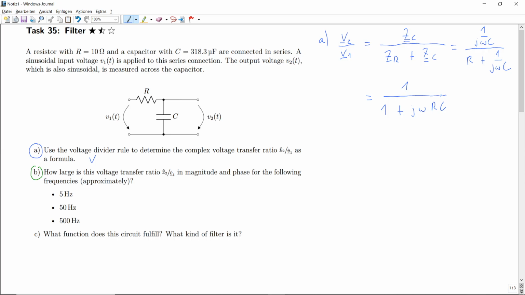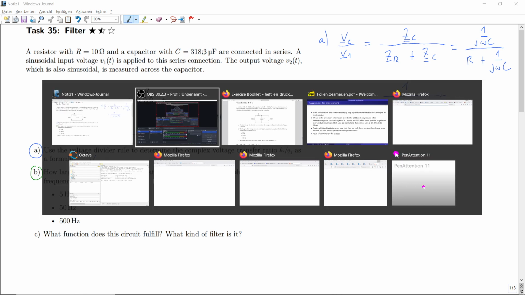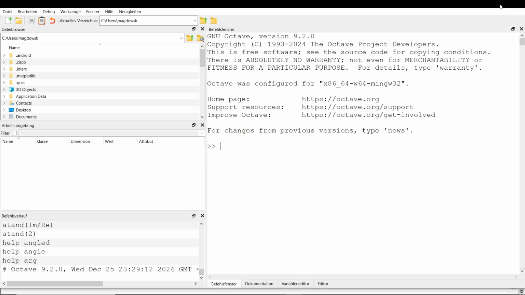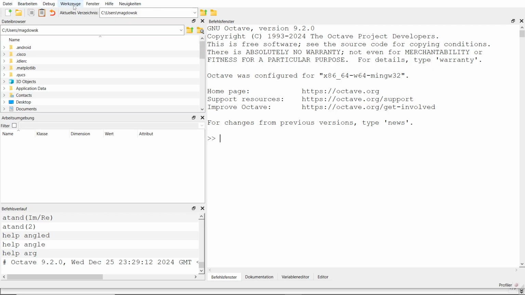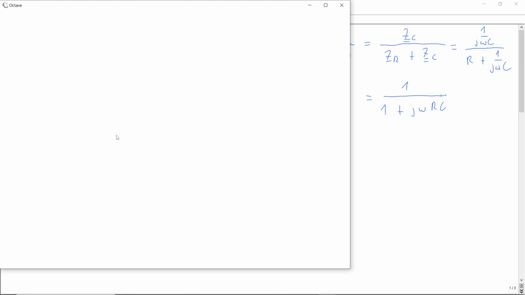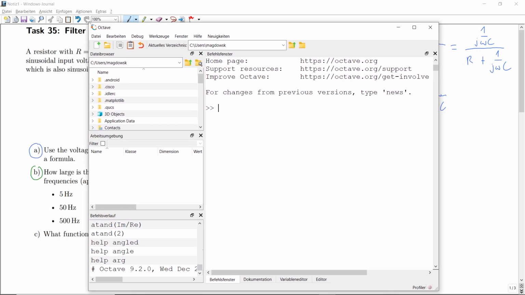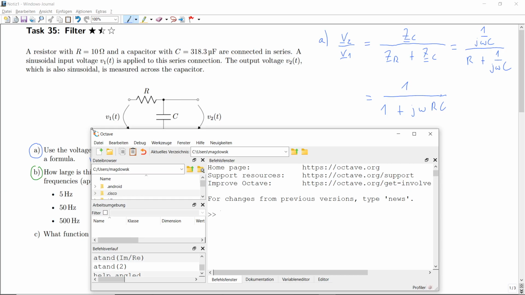Just insert the values. And of course, I'm always a bit lazy and I don't have a calculator with me, and it's also strange values here that are probably difficult to calculate by head. So what we usually do is we use Octave. Unfortunately, my mouse is still not working. So let's try to make this a little smaller and fit this here somewhere on the screen.